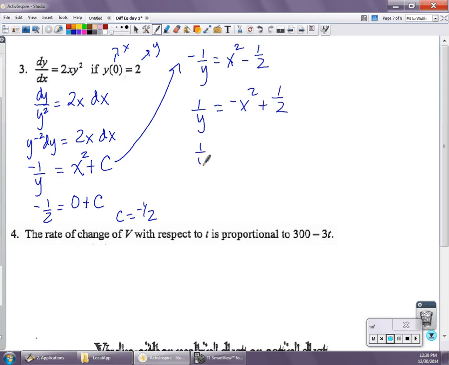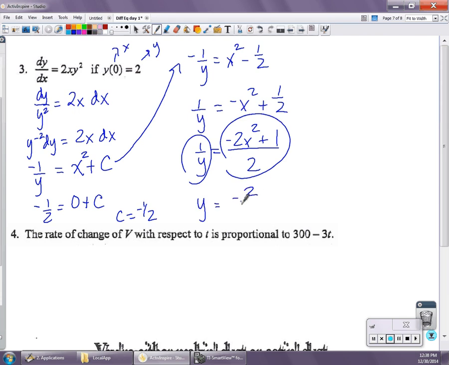I'm going to get a common denominator on the right-hand side, so that'll give me negative 2x squared plus 1 over 2. And now, since I have one fraction equal to one fraction, the reciprocals are equal to each other.